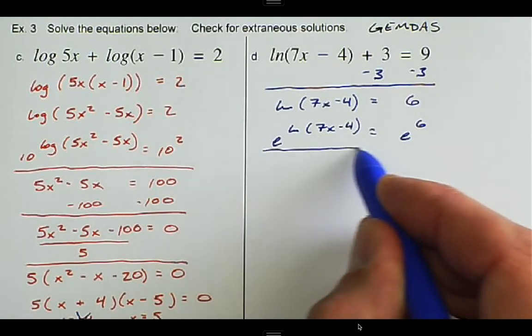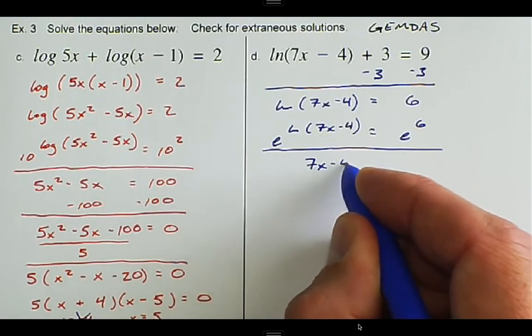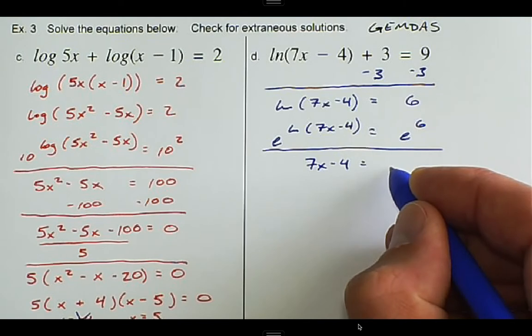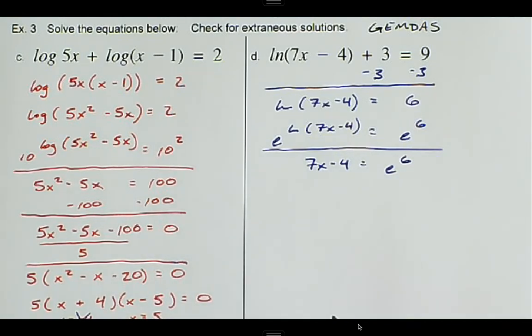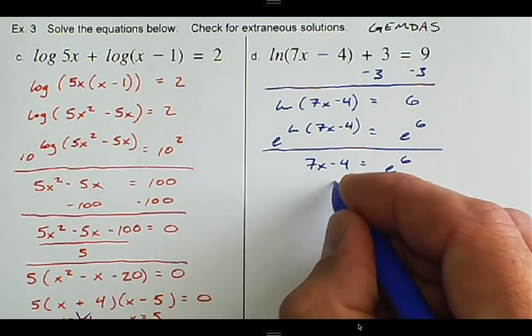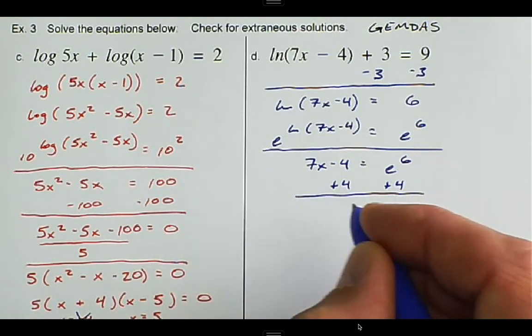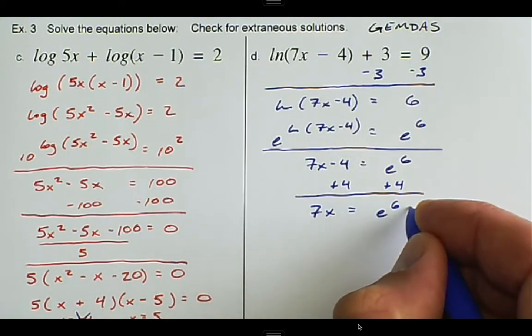And e to the natural log is 1, so we just get 7x minus 4 is equal to e to the 6th. Then we can add 4 to both sides, and we get 7x equals e to the 6th plus 4.